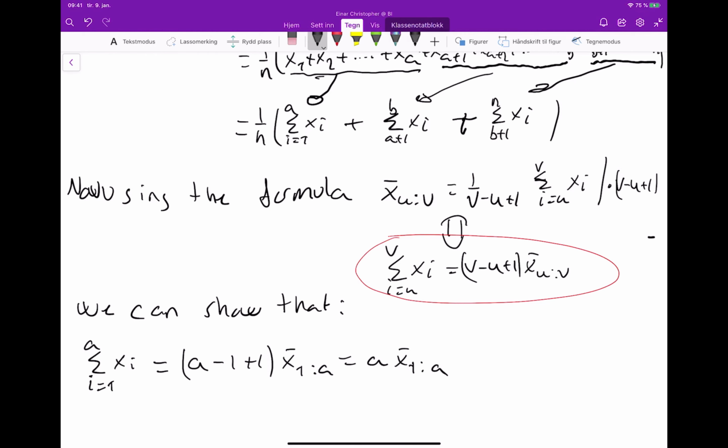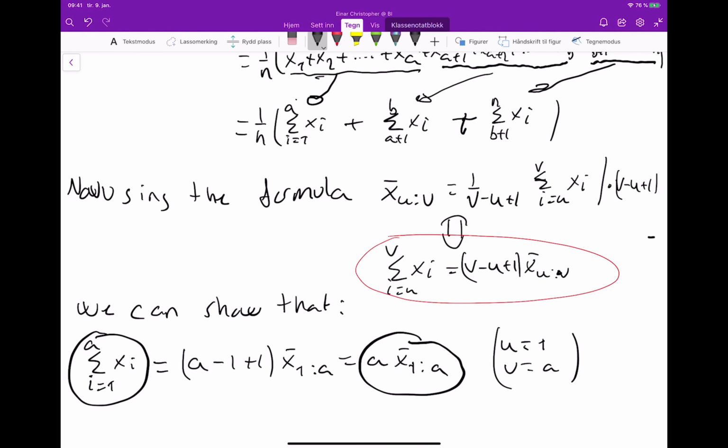So now we actually have shown that this sum can be written like this. And here u is equal to 1 and v equal to a, if you don't understand it.